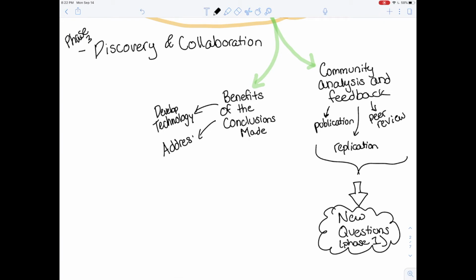We'll talk about this more in our next unit, the testing of ideas. Sharing that discovery with others can also lead to our ability to address societal issues. It can inform the policies that we make.